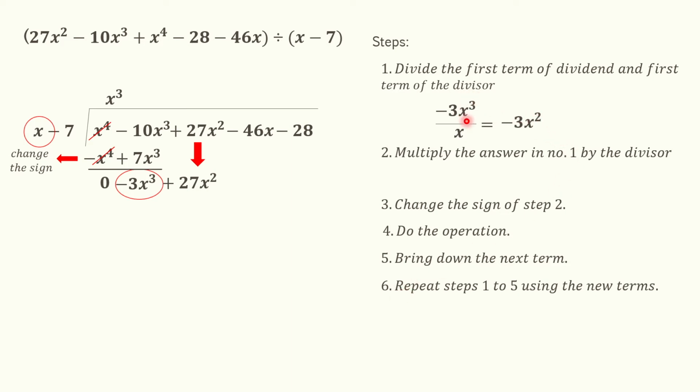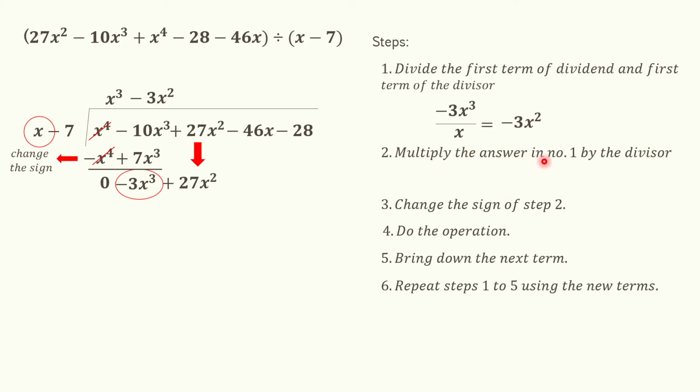One x cancels. Then after we get the quotient, we put it up here again: minus 3x squared. You just need to follow these steps, repeatedly until you master them.